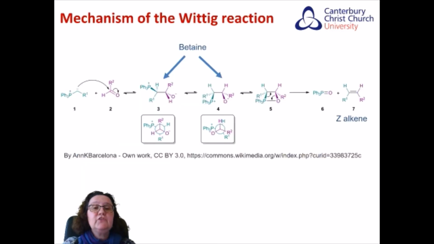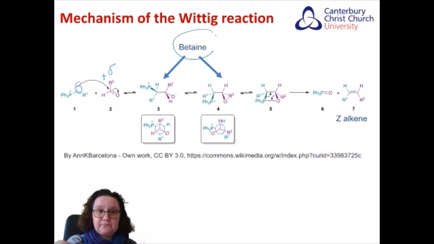This is a scheme of the mechanism of the Wittig reaction, and as you can see, it starts with a typical nucleophilic attack. So the negative charge from the carbon attacks the partial positive charge of the carbonyl group, and you form an intermediate called betaine.